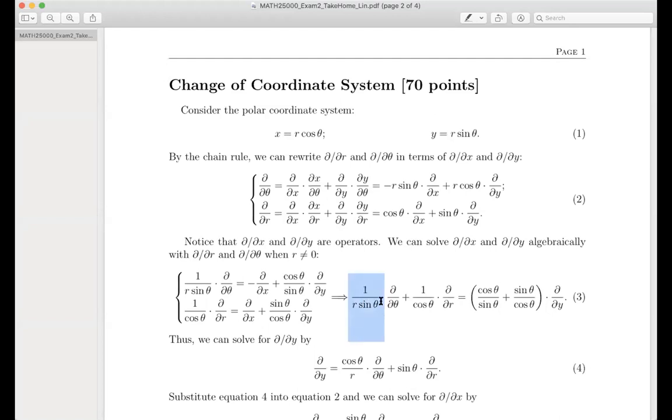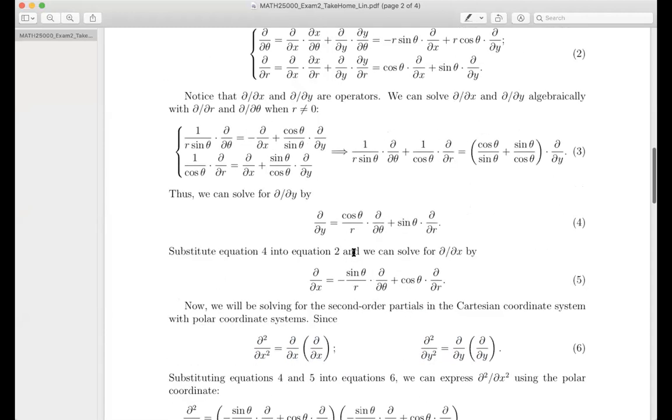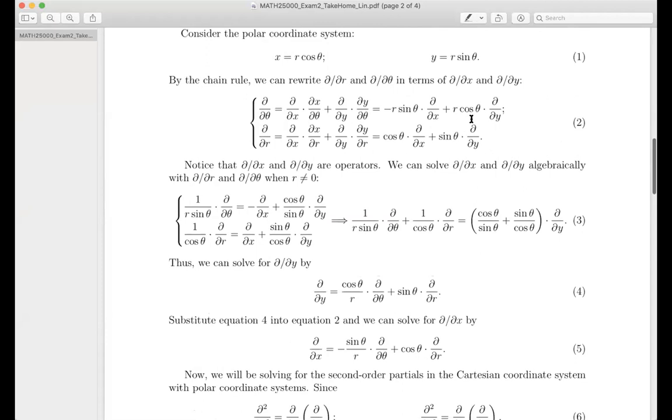When you add these two, the partial over partial x is gone, and now you have an equation that has only partial over partial y. Again, you isolate the partial over partial y by moving this factor to the other side of the equation. So there you go, you solve for partial over partial y. After that, you plug this into either one of the equations, and you can solve for partial over partial x.